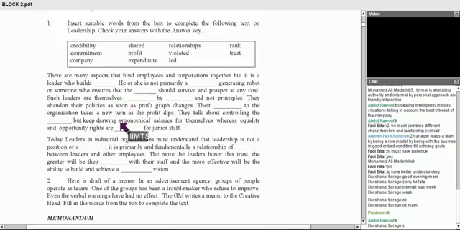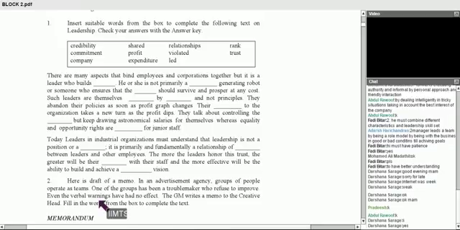Okay, so now fill in the blanks using the appropriate words which are listed here in this box. Go ahead and start doing this. Fine. And then I'm going to read it for you. I'm going to put the answers on the board. Go ahead and solve this, please.